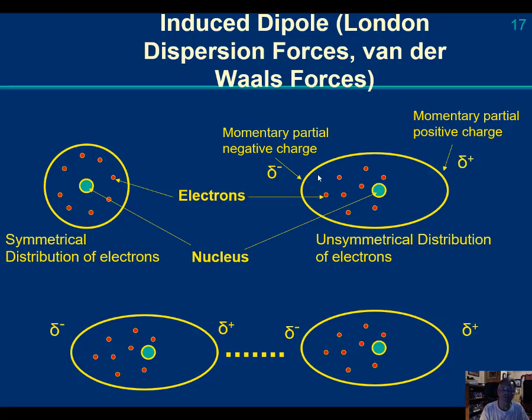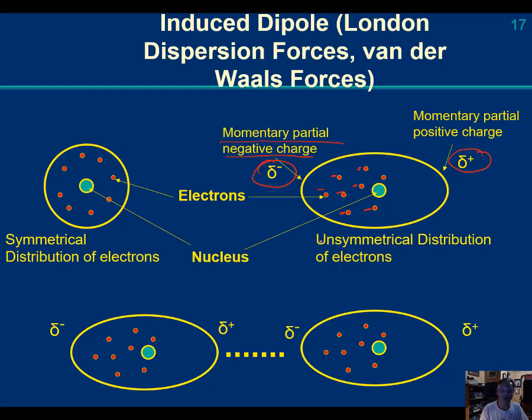Well, electrons have negative charge. So if your electrons group together, if you get more of them just for a moment in time, a momentary partial negative charge, that's going to give you what we call a dipole moment. And since there's partial negative over here, the difference leaves a partial momentary positive charge on the other side of the molecule because of the asymmetrical distribution of the electrons across the molecule.